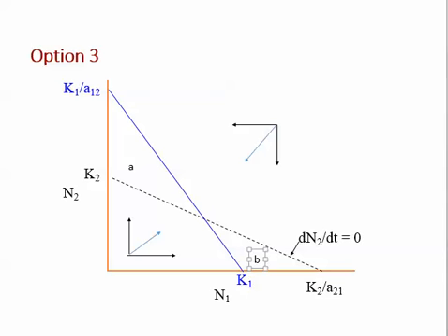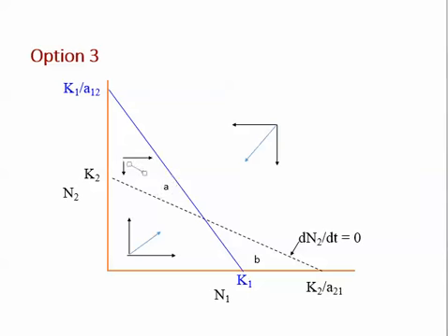And because we're beneath the isocline for species 1, populations of species 1 in here would increase. And because you're above the zero net growth isocline for species 2 in this environment, those populations would tend to decrease, resulting in a trajectory toward the center.